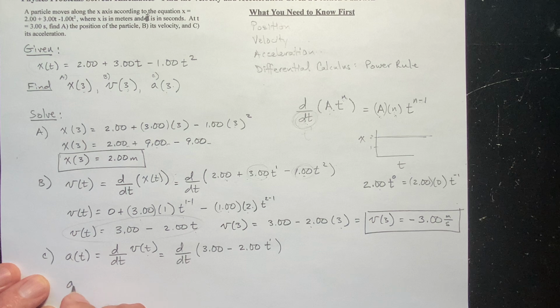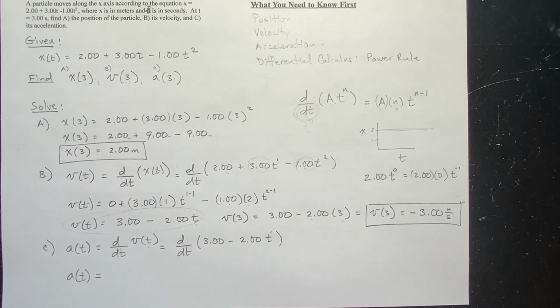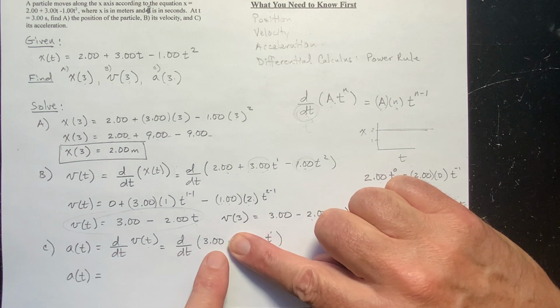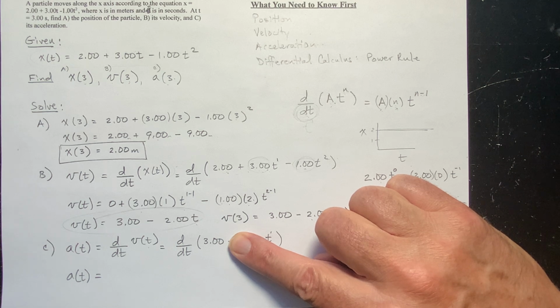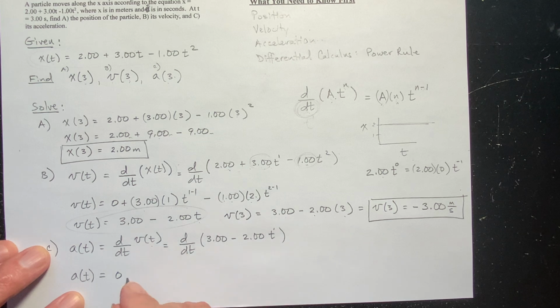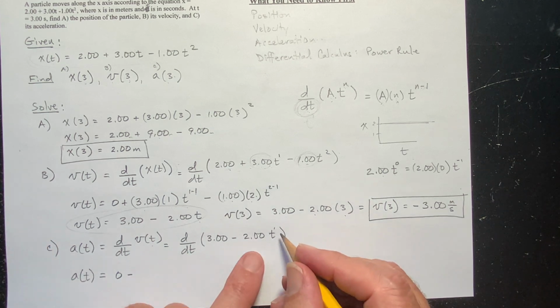And then now we can figure out what the acceleration function is by taking the derivative. And again, just like last time, when you take the derivative of a constant, by definition it is not changing with time. So its derivative is 0. The rate at which it changes with time is 0. So this is going to be 0 minus, now what do we do here?